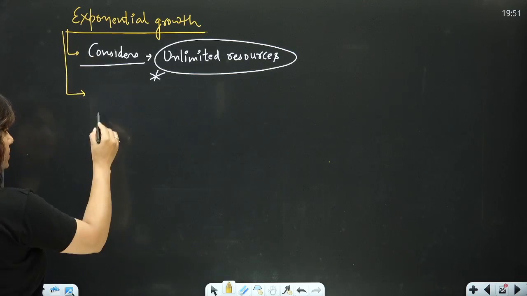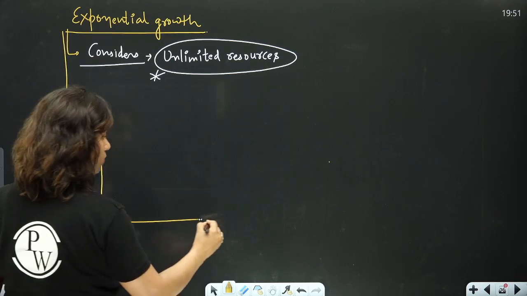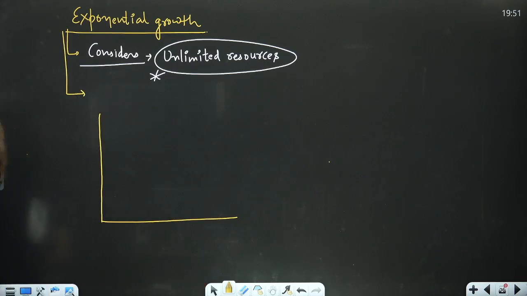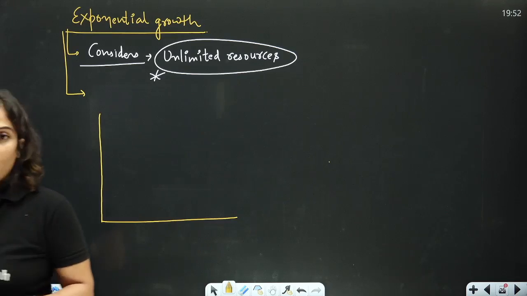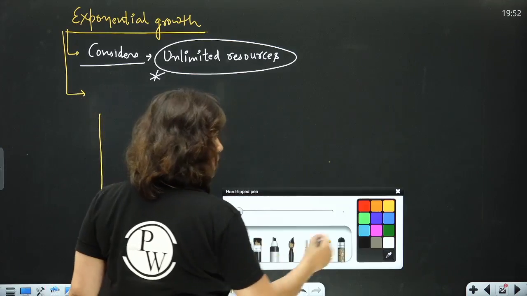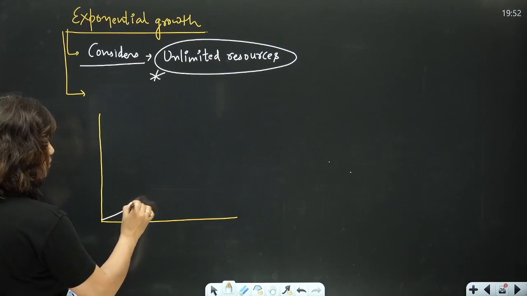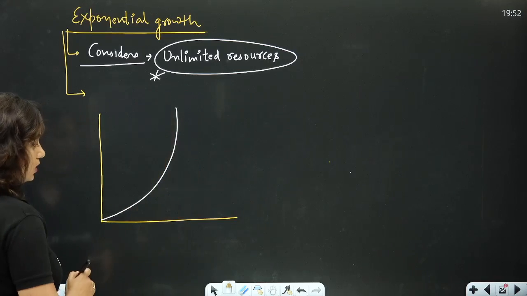So under the conditions of unlimited resources, this type of growth is shown by the organism.